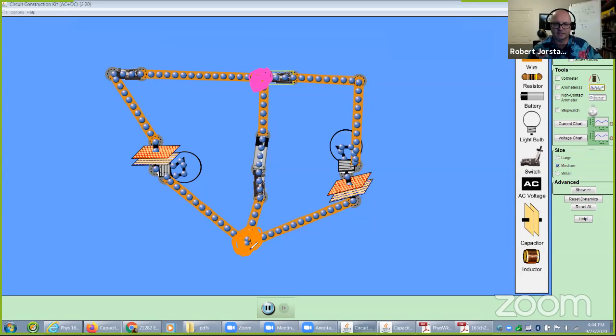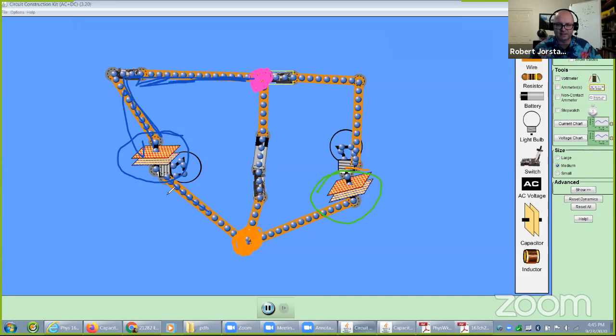Here's another way to tell these are in parallel. Aren't they both connected? Let's say this green capacitor over here and this blue capacitor over here, they are both connected with one side. One side of this is connected to the pink node, right?